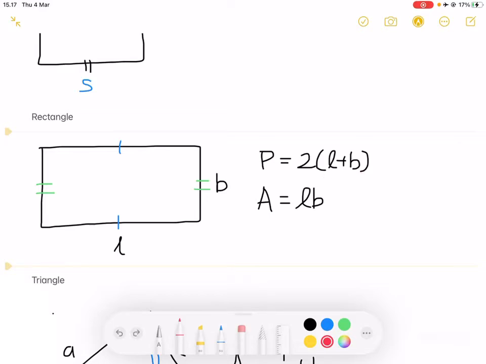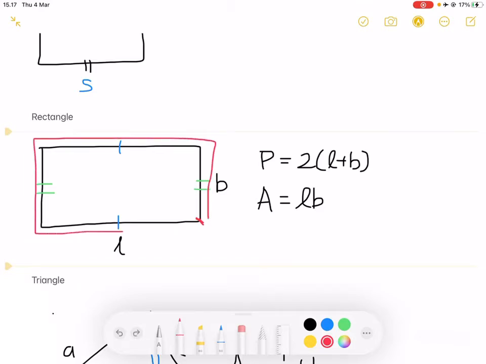Now I'm just going to recall that the perimeter is the distance that you need to cover around the figure to get back to the original place. So here's what I mean. Given you're standing right here, and then you want to go around at this distance right here, and then go back right here.